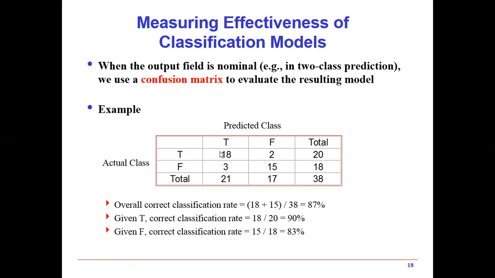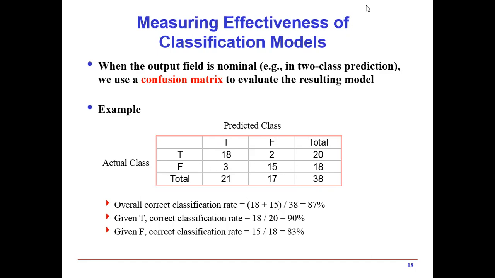Suppose 18 is the correct classification and 2 is the false classification. The combination of these is known as the confusion matrix, and the total value here is 20. Then we take the row sums and the column sums.